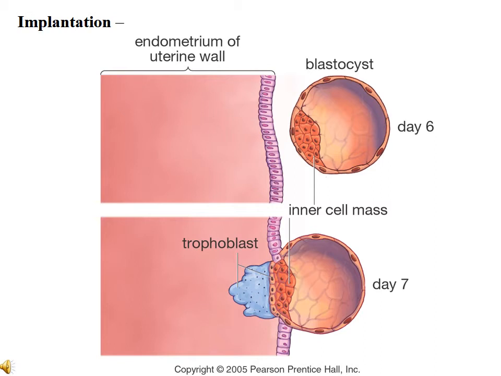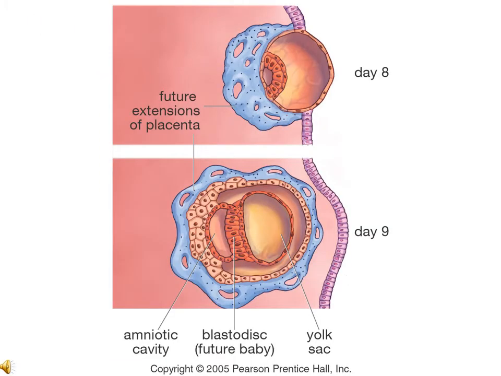Remember, this inner cell mass is going to eventually form the ectoderm, mesoderm, and the endoderm. By day 7, we can see that this entire package now is effectively implanted into the uterine wall. And here we're looking at day 8 and day 9.